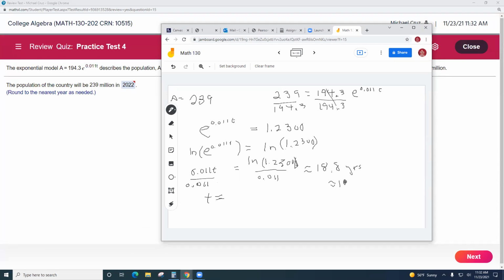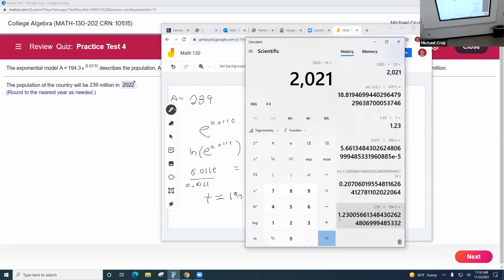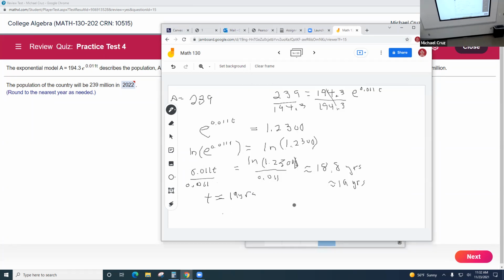That's why we need that. So remember that too, because it does say round to the nearest year. So t is equal to 19 years, which means 2003 plus the 19 gives us 2022.